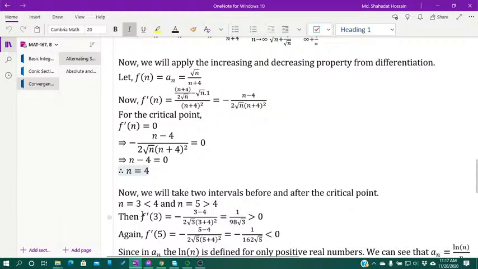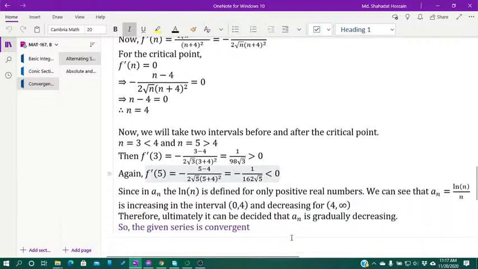Now we'll take two intervals before and after the critical point. So you can consider 3, that is less than 4, and another number 5, that is greater than 4. I have considered 3 and 5, but you can consider any number. It may be 3.5, 2.5, it may be 4.5 or 6, anything you can consider. And we can say that if I substitute 3 in this differentiation, I will get this number, that is greater than 0. And if I substitute 5, I will get a negative number.